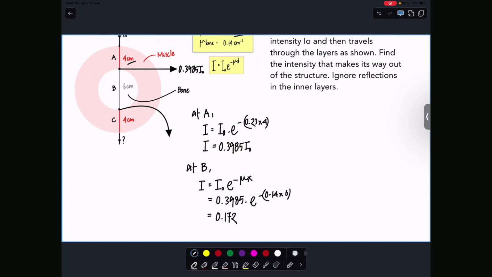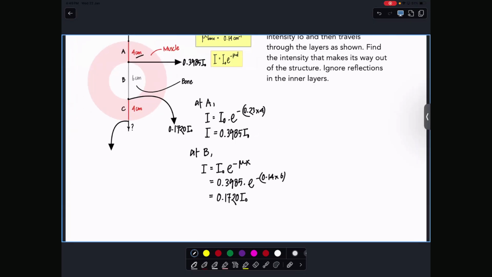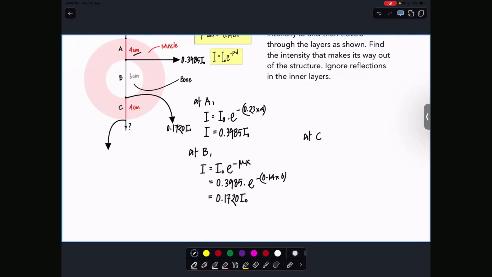I naught. So intensity এখানে কমে যাচ্ছে, which is natural because আরো absorption হচ্ছে এখানে. Clear? Now we want to find the one at the final location there. So আবার কিসের ভিতরে enter করতেছে? Muscle. So I'll again do this here. So at C, what should it be?